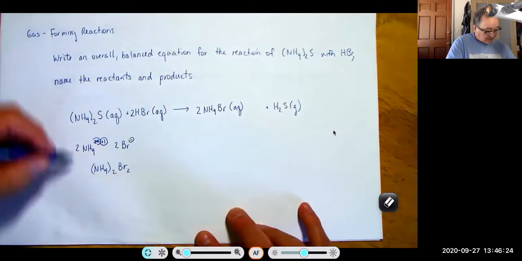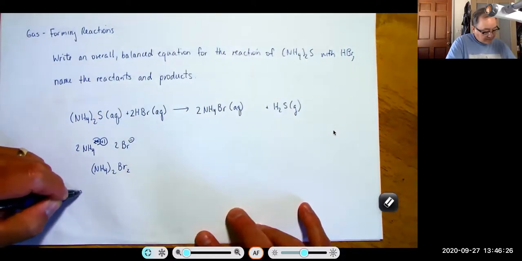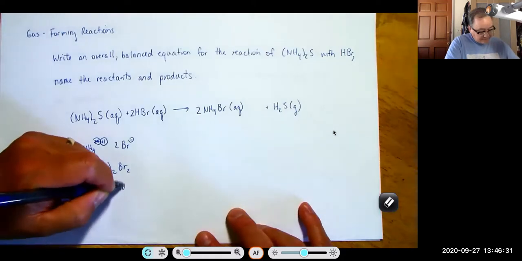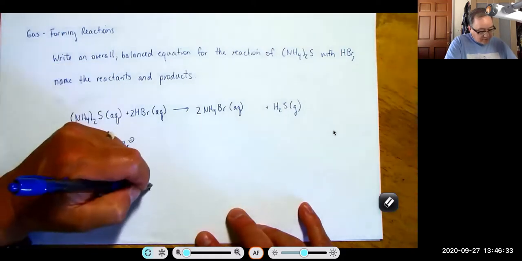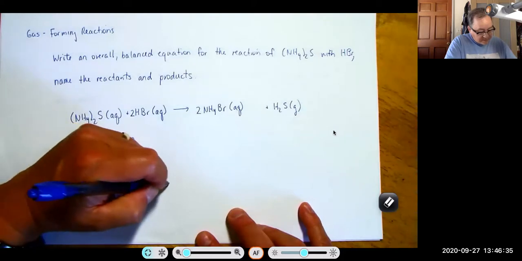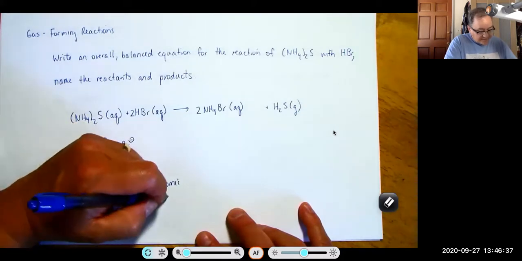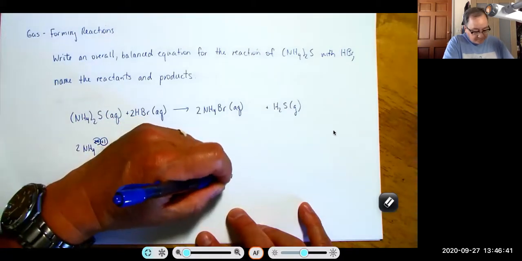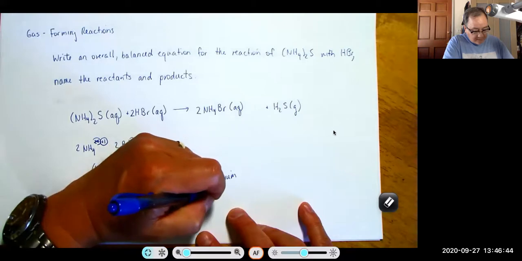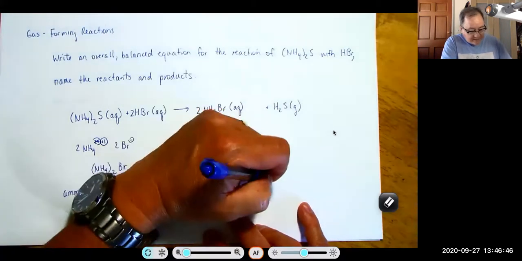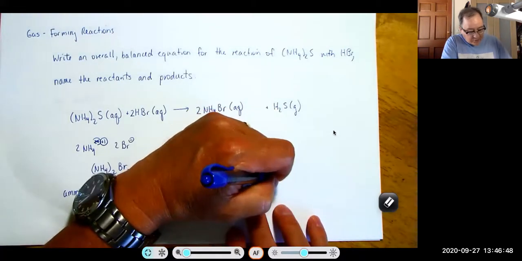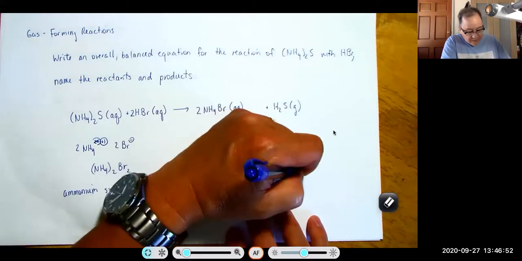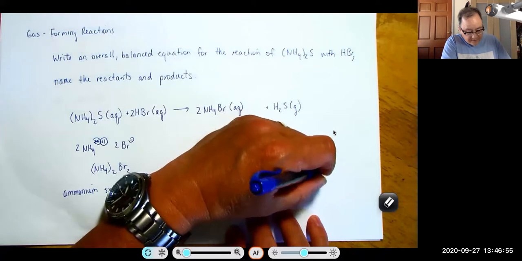So this is called ammonium sulfide, hydrobromic acid, ammonium bromide, and dihydrogen monosulfide.